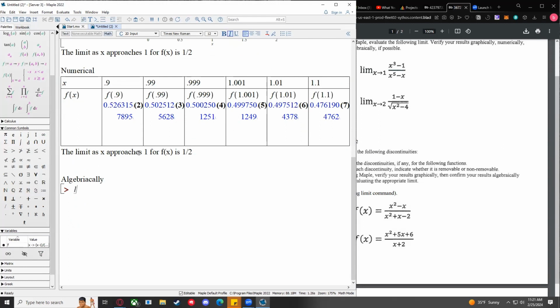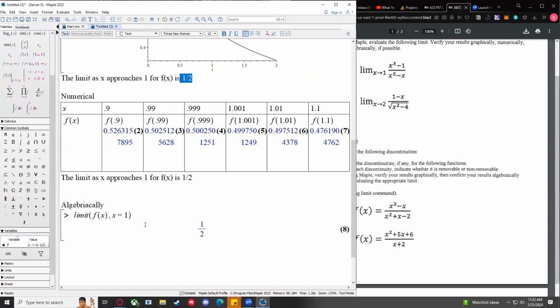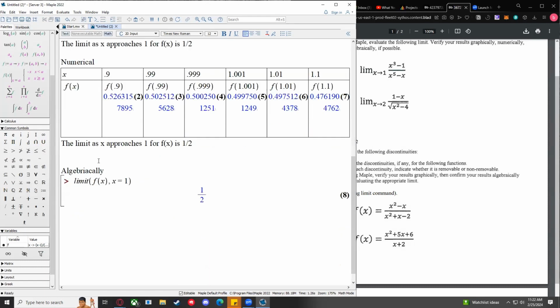To do that, we just write limit, and then the equation we want to solve the limit for, so in this case it's our f of x, and then the limit value, so in this case it's x equals 1. And so we see that we get our response of 1 over 2, which is what we expect since we received 1 over 2 for our limits prior. So this is all we need to do for our algebraic approach.